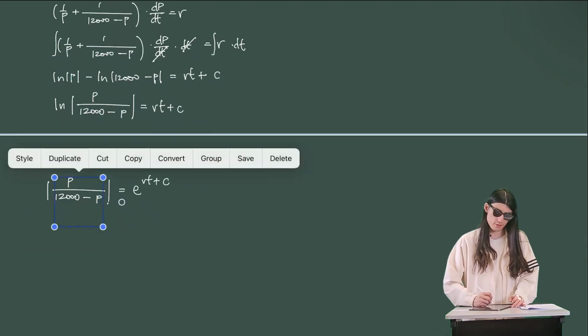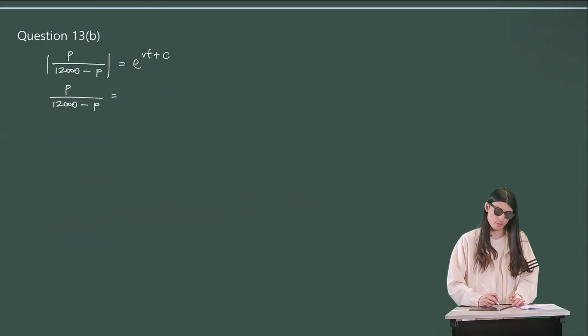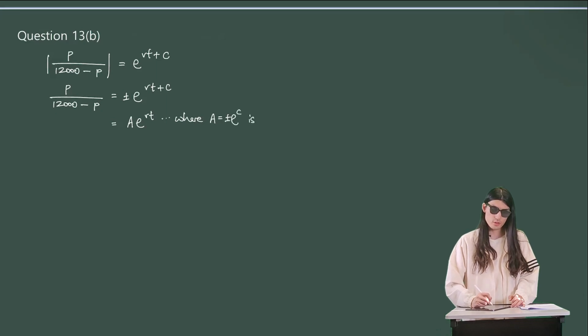Remove the absolute values, which would require you to write plus or minus, and e to the power of c, or plus or minus e to the power of c, can be generalized as A. This is your arbitrary constant.